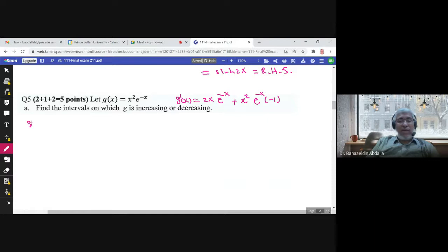Now I can take x e to the power negative x as a common factor. I'll have 2 minus x. So this is g prime.